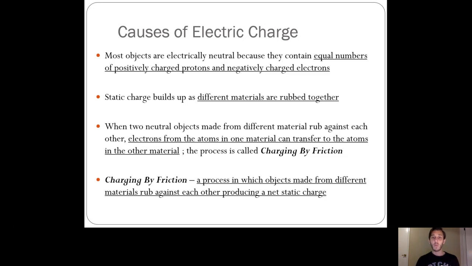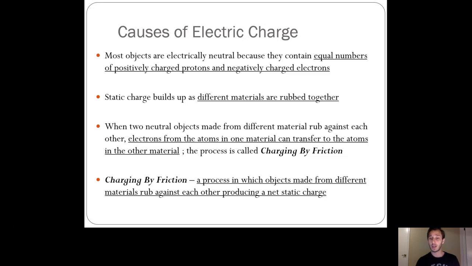But when we take different materials and we rub them together, okay, we can build up a static charge. When you take 2 neutral objects, but they're made of different materials, so not my 2 hands because they're the same material, okay? 2 different materials, and we rub them together, electrons from the atoms in one material can transfer to the atoms in another material.